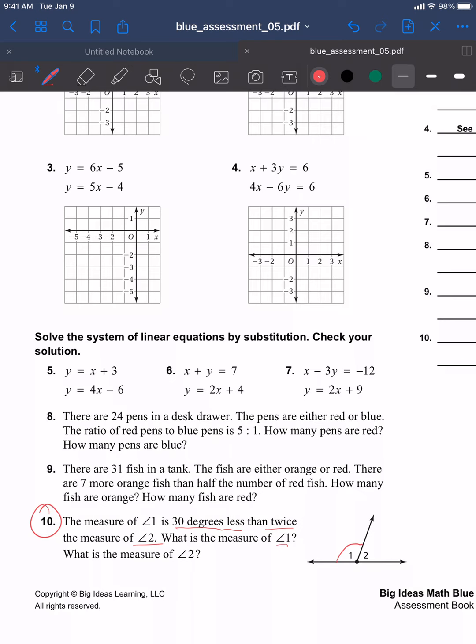Angle 1 equals 30 minus 2 times angle 2. Divide by 2. Divide by 3. 180 minus... We don't know though. Is it going to be 180 minus whatever we get for angle 1? 180 divided by 3, wouldn't it?